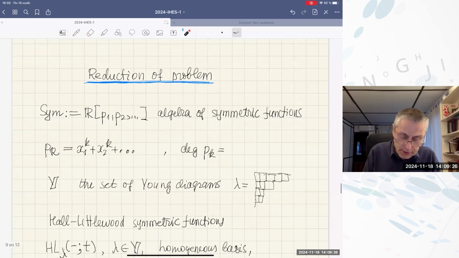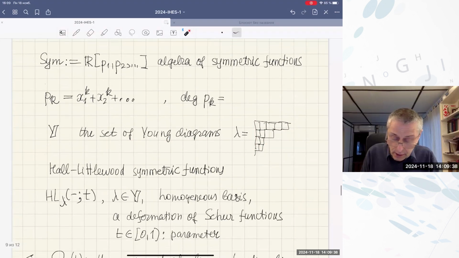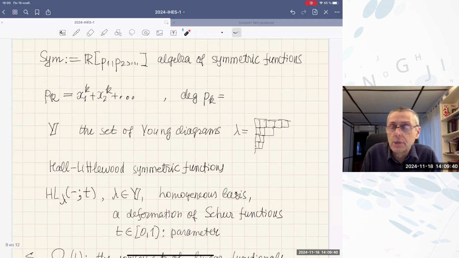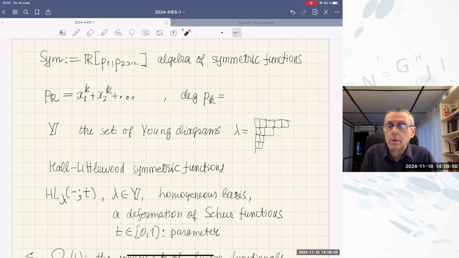Well, this is my notation Y, my notation for the set of all Young diagrams, pictures like this. Next, I need to mention, just to mention, I don't want to give a definition of the Hall-Littlewood symmetric functions. What are these objects? These are a certain deformation of the Schur symmetric functions.